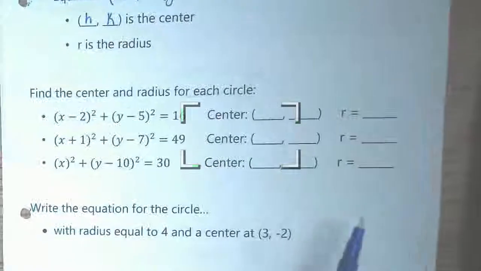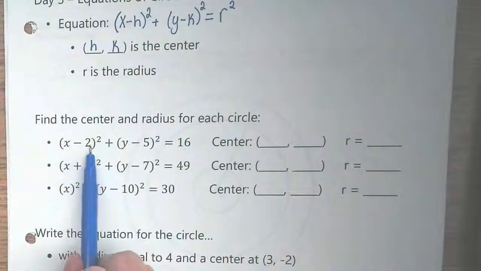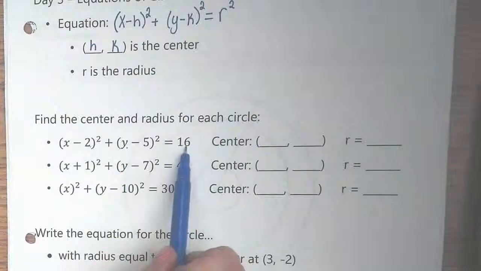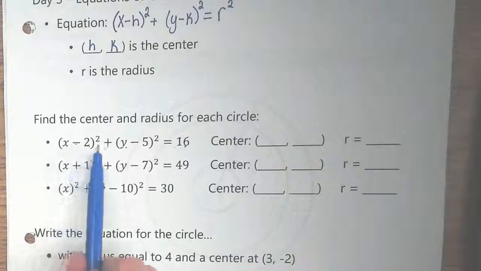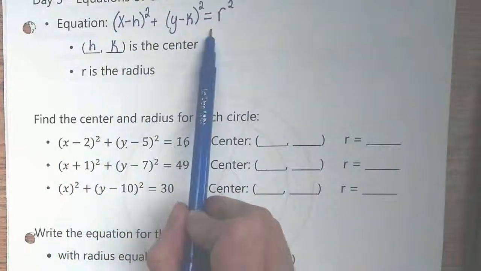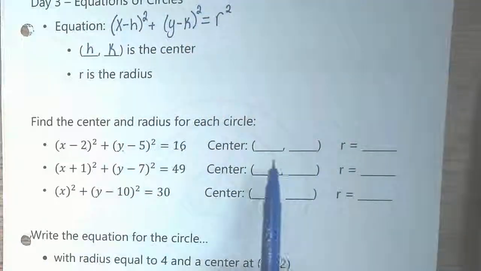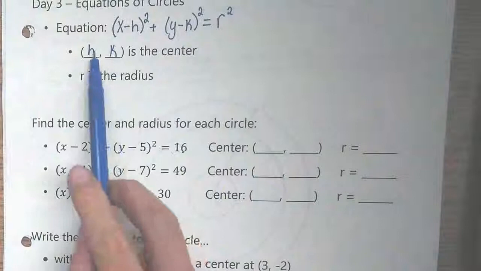So looking down here, find the center and radius for each circle. We have (x minus 2) squared plus (y minus 5) squared equals 16. We just have one number on the right, and then we have our x plus or minus something squared, and then y plus or minus something squared. So it looks just like this one. And we can easily pick out the center and the radius. The center is at (h, k).